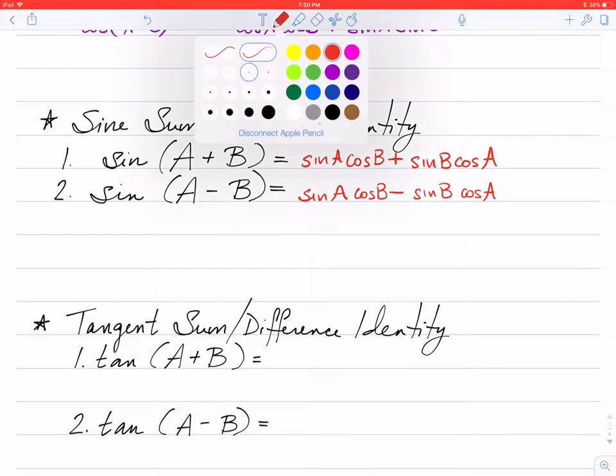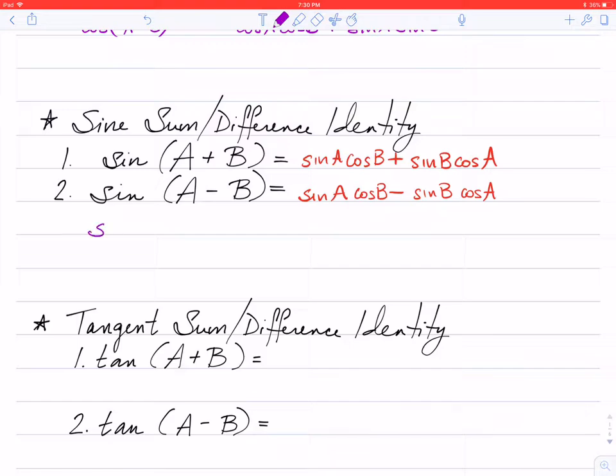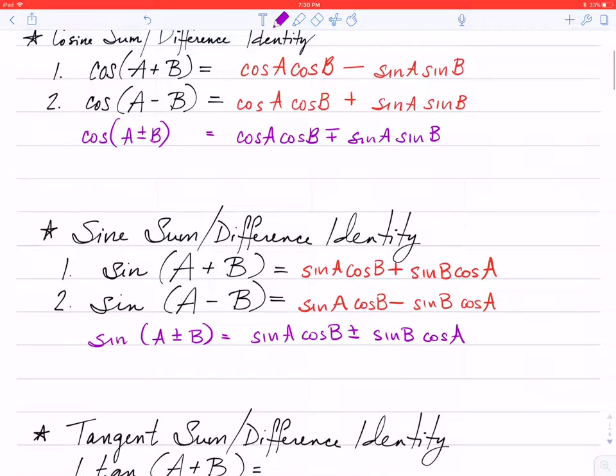If I were to write this in one line, it would say the sine of angle A plus or minus angle B is equal to sine A cosine B plus or minus, once again, whatever's up on top goes together, whatever's down on bottom goes together, sine of angle B cosine of angle A. One way that I like to say this is that the signs, S-I-G-N, on sine match.